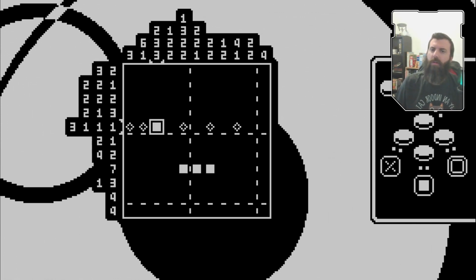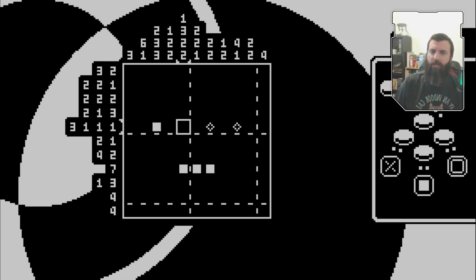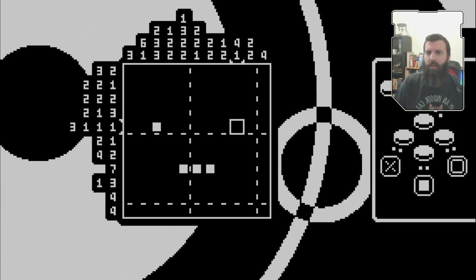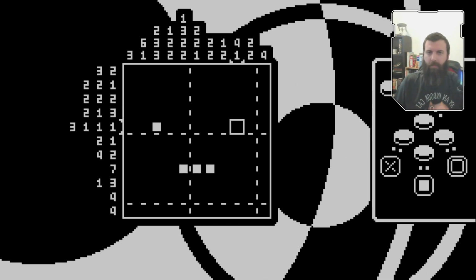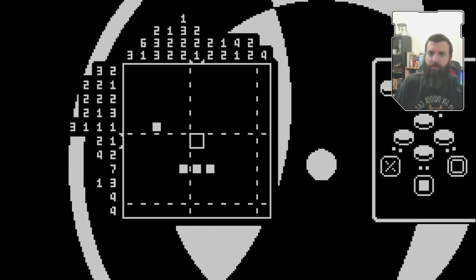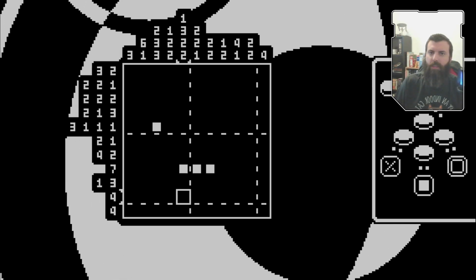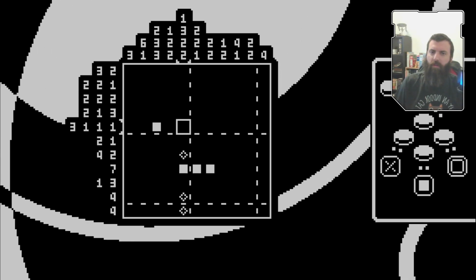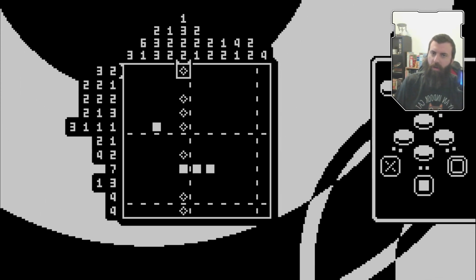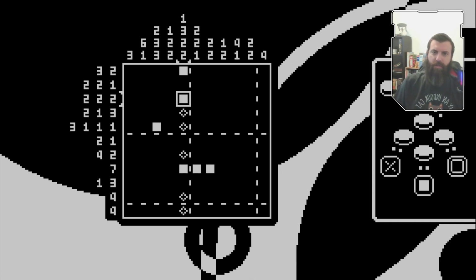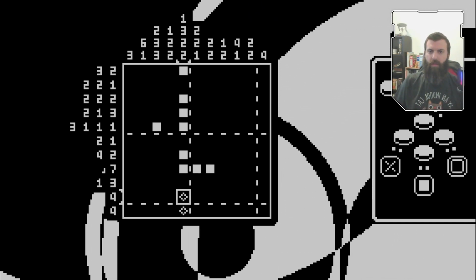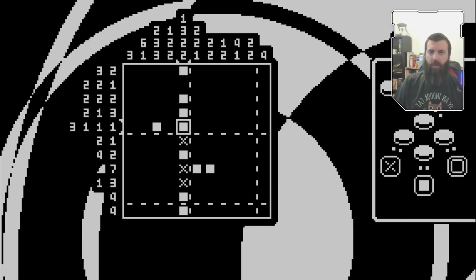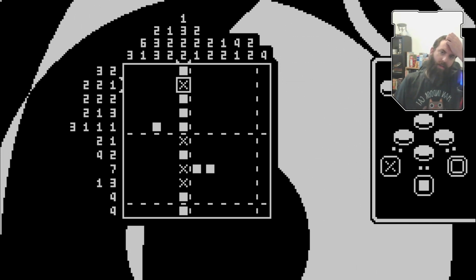So we know that this pixel is filled in. The rest of it worked on. Looking at this column, 1, 2, space, 1, 2, space, 3, space, 1. There's only one solution for this column. Go ahead and link that in.